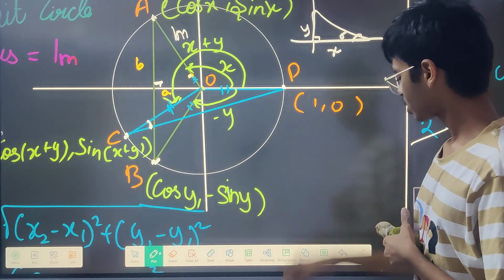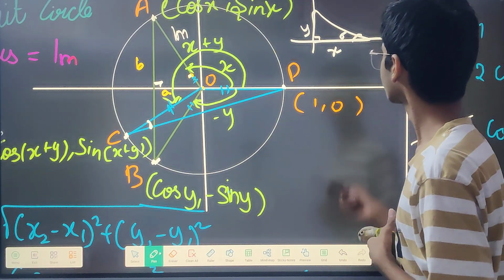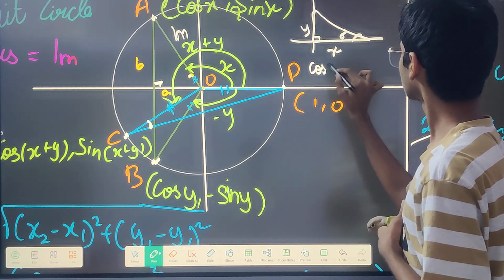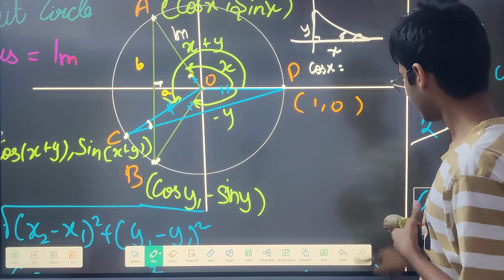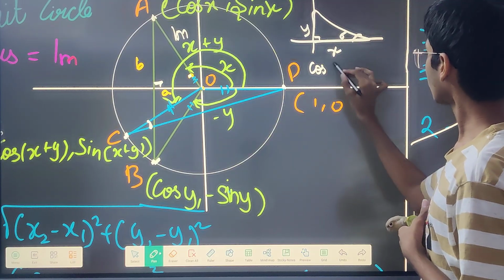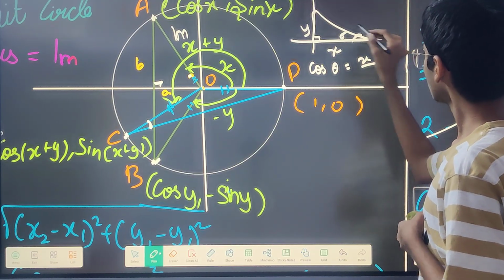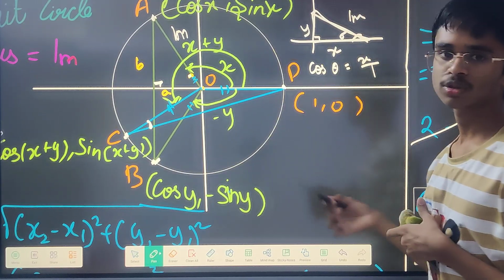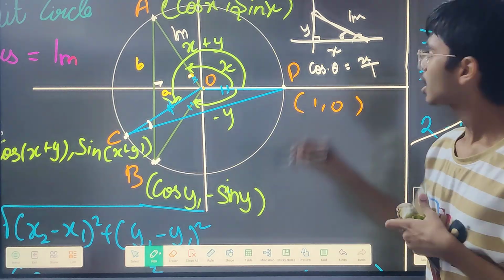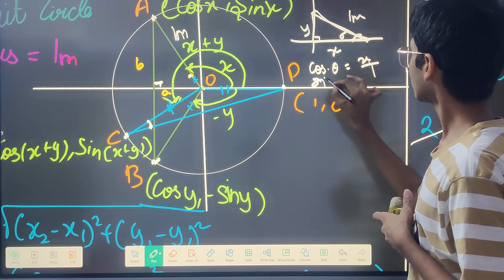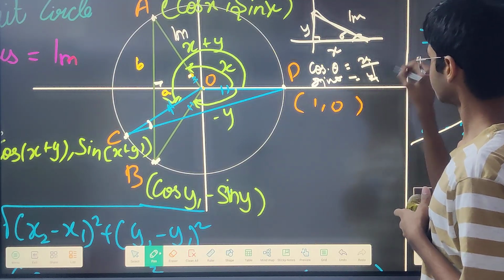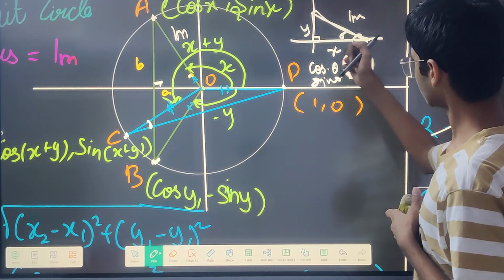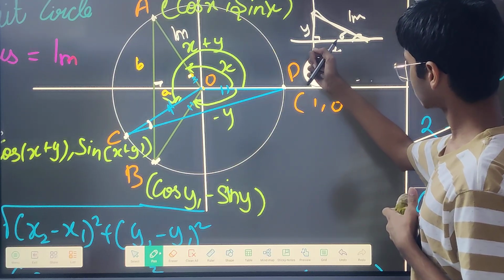So what is cos theta? Cos theta is going to be x by the hypotenuse, which is 1 meter by 1 meter. So cos theta is going to be the x-axis, and then what about sin theta? Sin theta is y by 1.